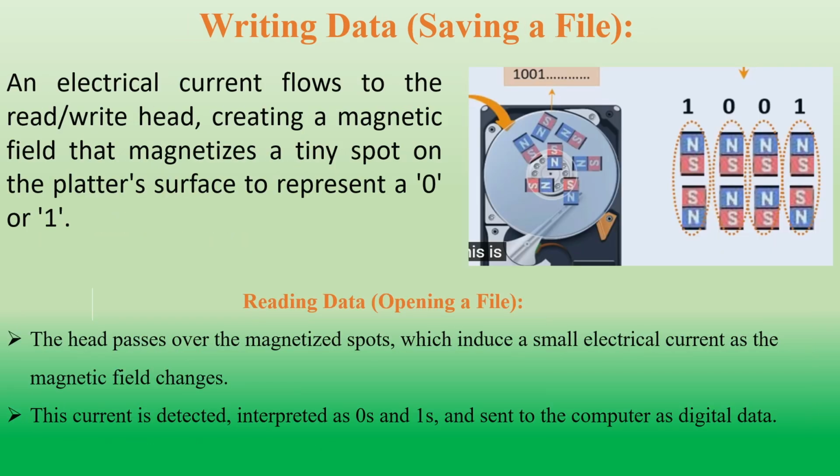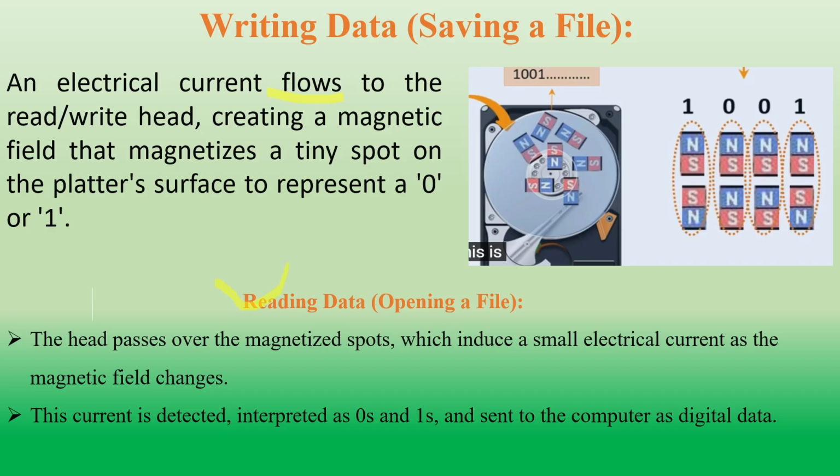The read-write head, while current is flowing, is used to magnetize the platter. This shows N and S, meaning North Pole or South Pole. So the magnetization represents the data, 1 or 0.